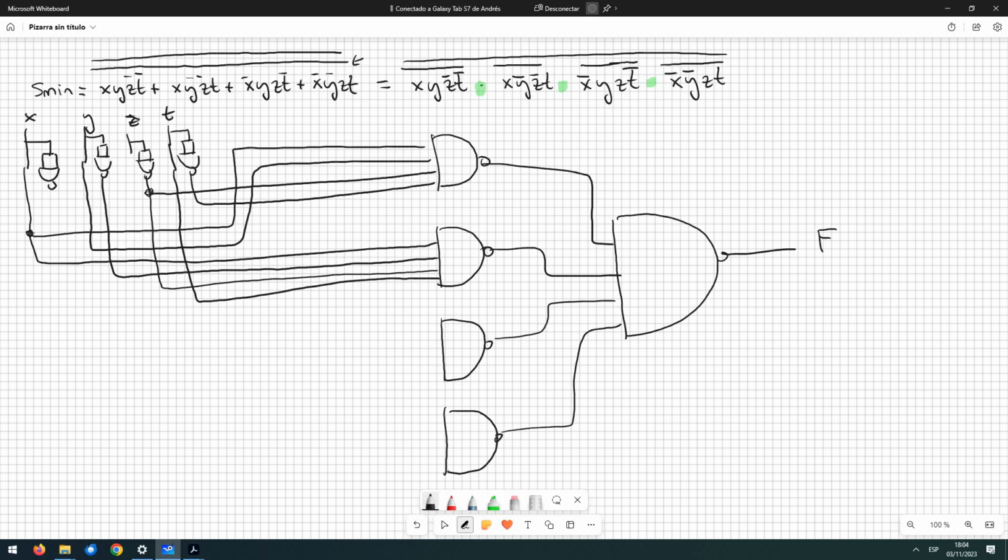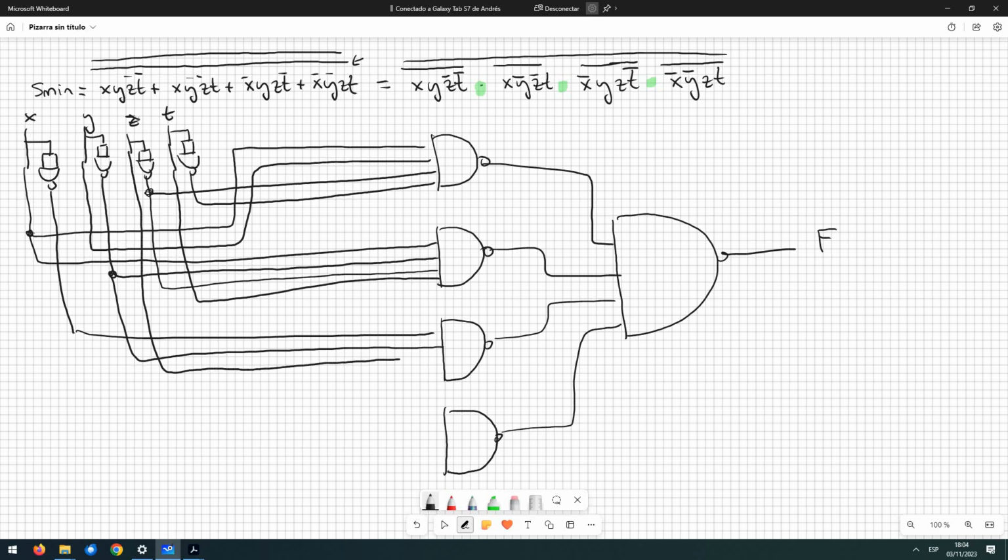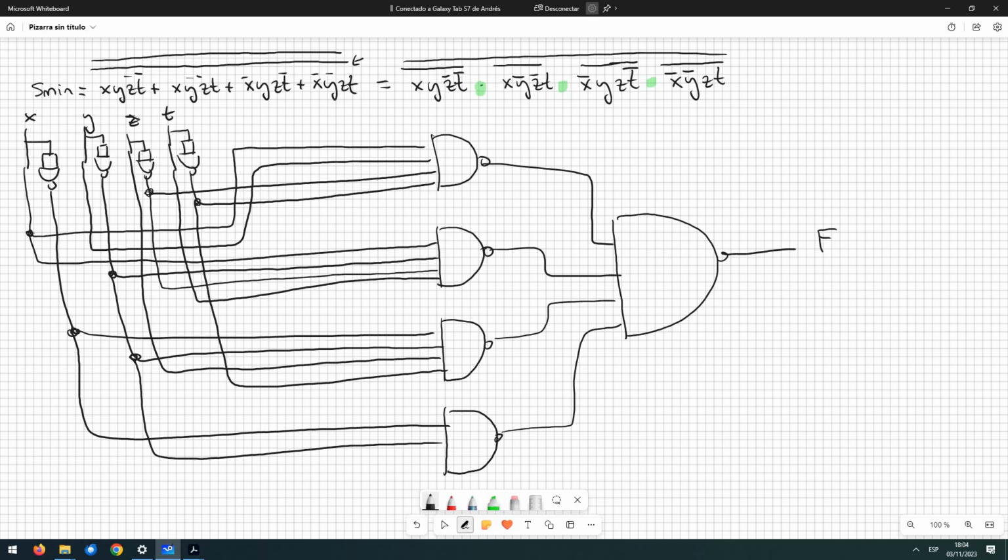The third one is x negated, y, c, and t negated. And the last one is x negated, y negated, c not negated, and t not negated. So this is the circuit using NAND gates without limitation in the inputs.